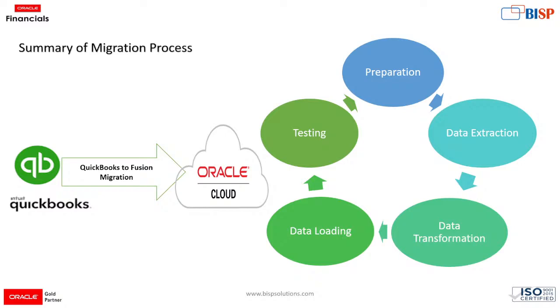This step also involves understanding the business processes that are currently in place. The next step is data extraction: extracting the data from QuickBooks. This would involve using data export features in QuickBooks or using a third-party tool.